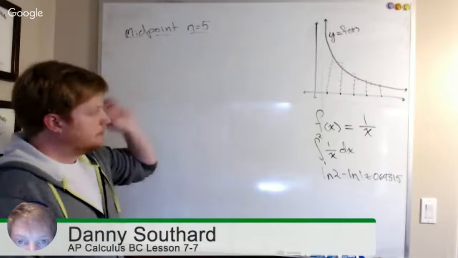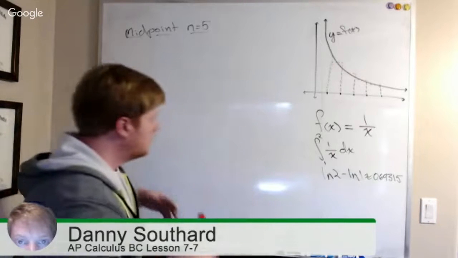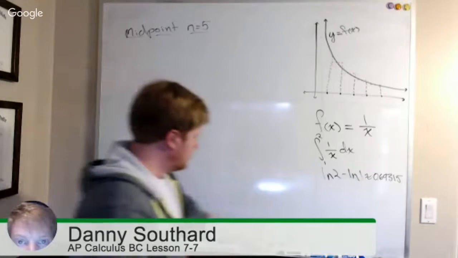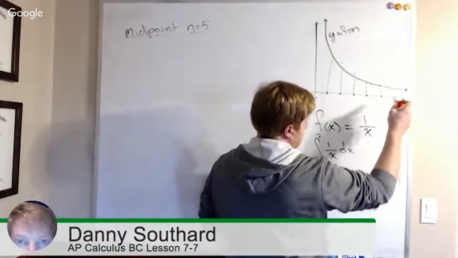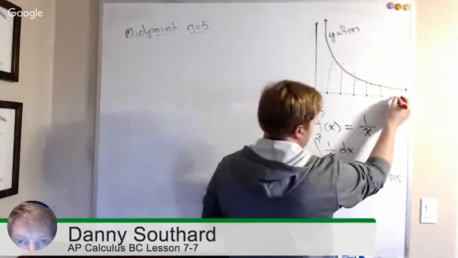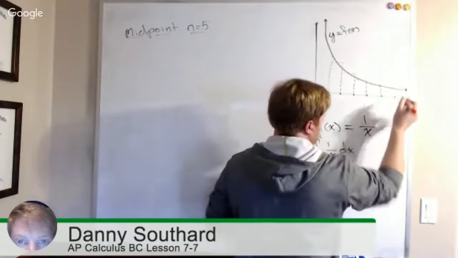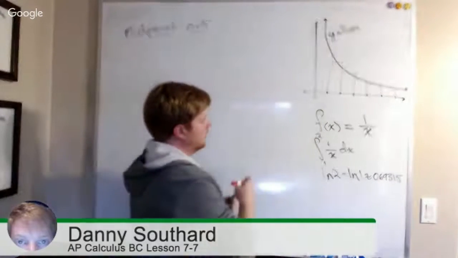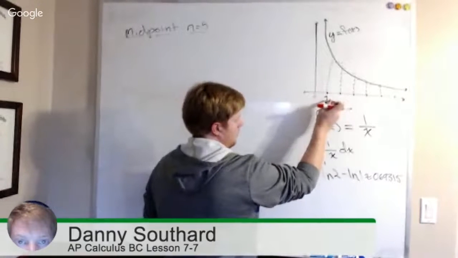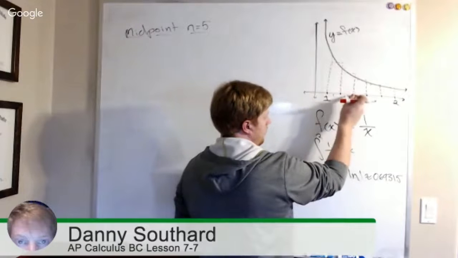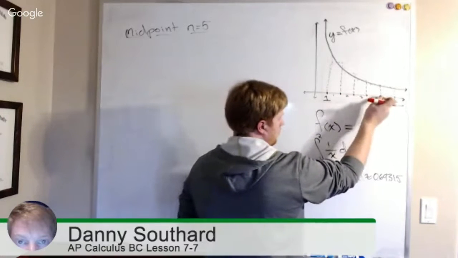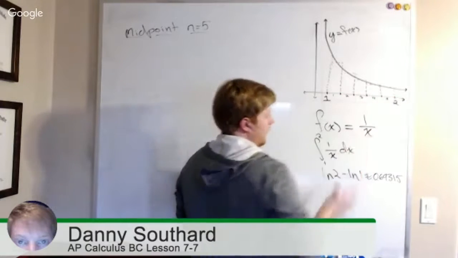But let's think first about what this midpoint thing means. Let's put another tick mark here. Now this isn't drawn to scale, but we can kind of see 1 to 2 with 1, 2, 3, 4, 5 subintervals.